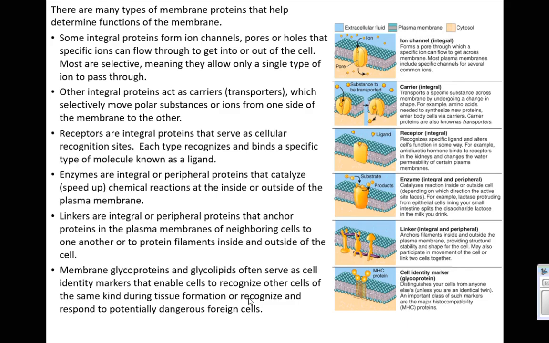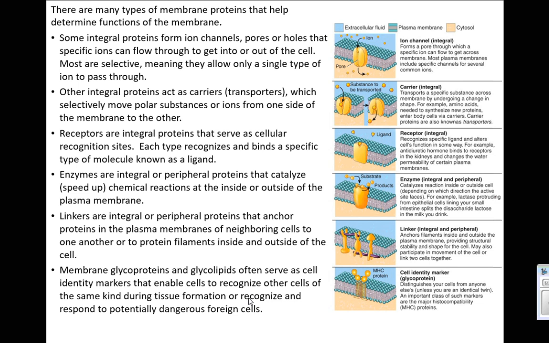Here on the next page, we can talk about them in a little bit greater detail, and so we'll do so right now. Some integral proteins form what we call ion channels, which are kind of like the door, really more so the door frame that we pass through to get into this room.